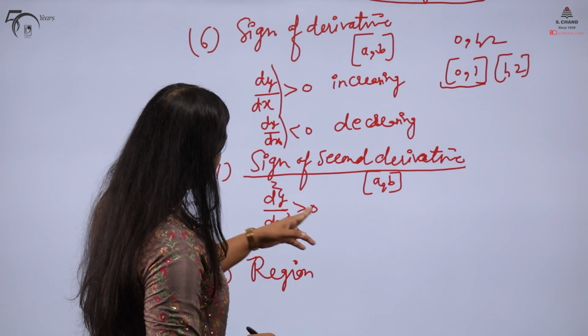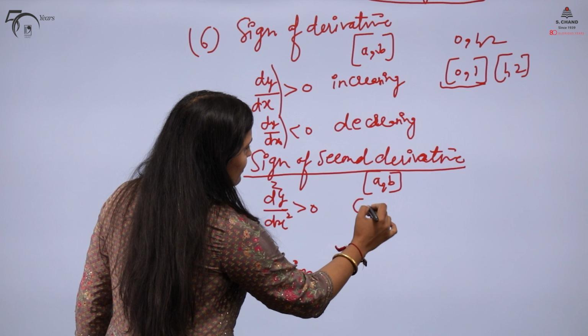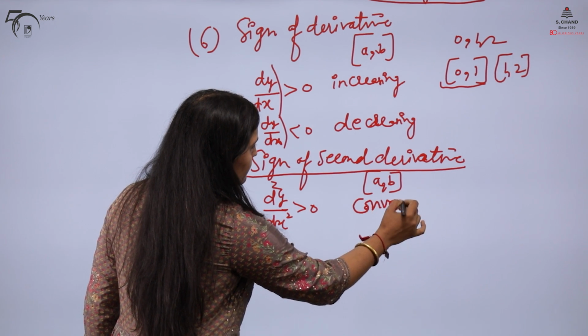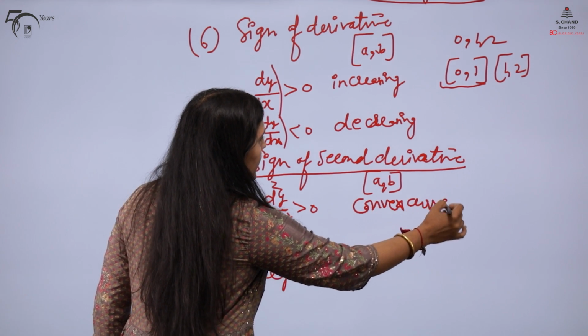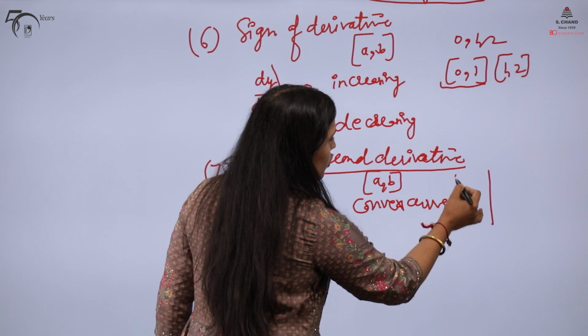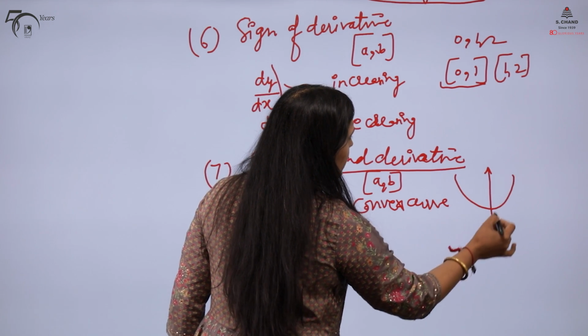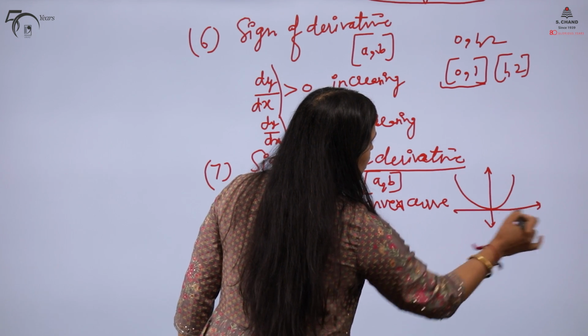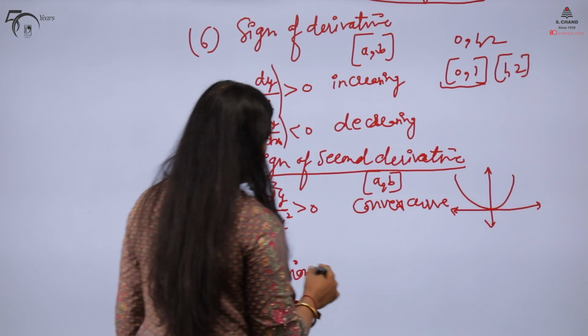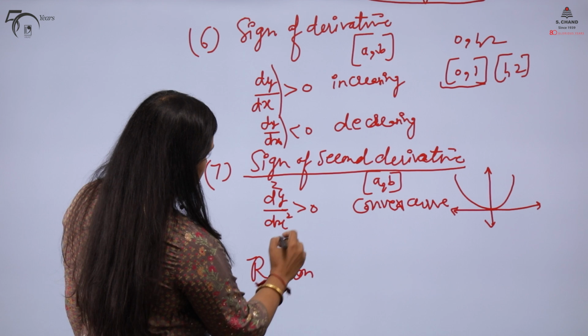So if the second derivative is positive, you will say it is a convex curve. What does it mean? It means the shape will be like this, holding the water. In an easy manner we say that your curve will be holding the water. It will not spill if it is positive.